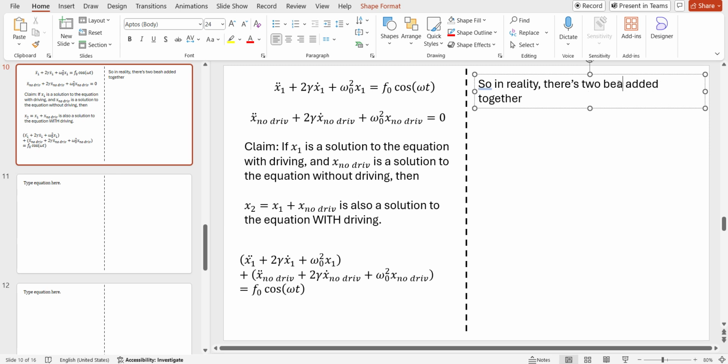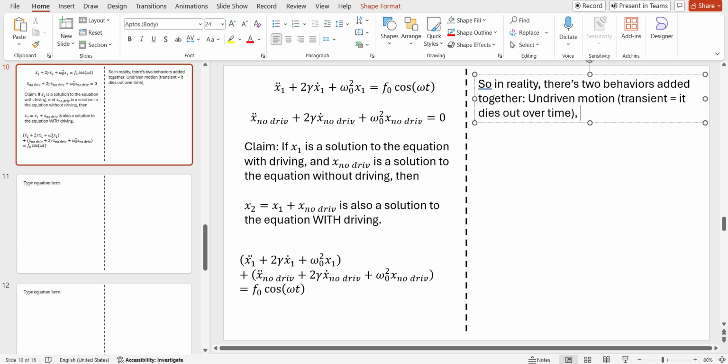Two behaviors added together: undriven motion, which is transient, meaning it goes away, it dies out over time, and driven motion, which is steady state, meaning it doesn't go away.